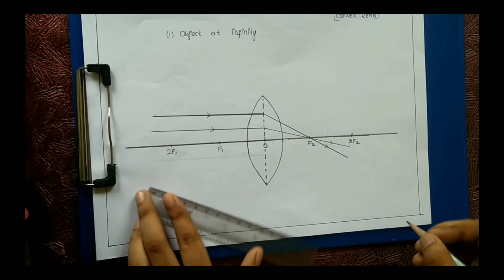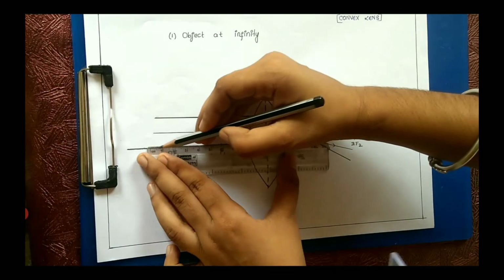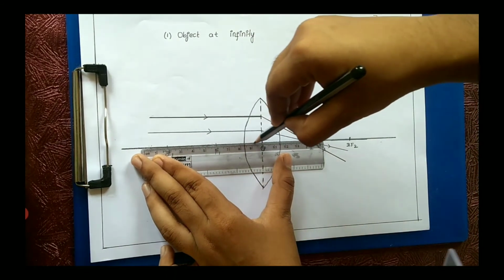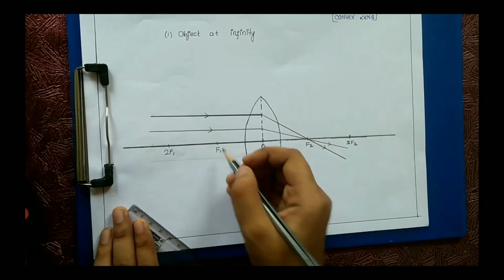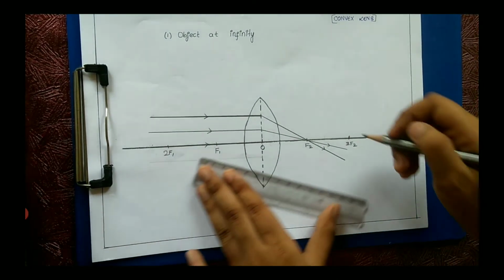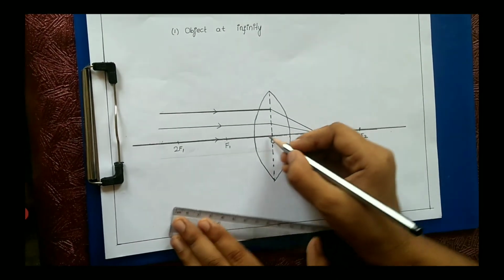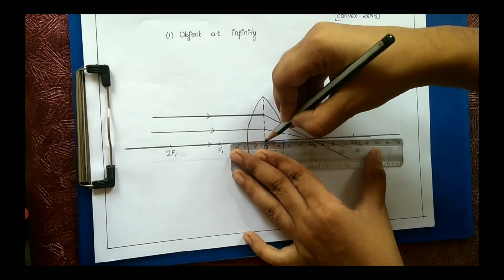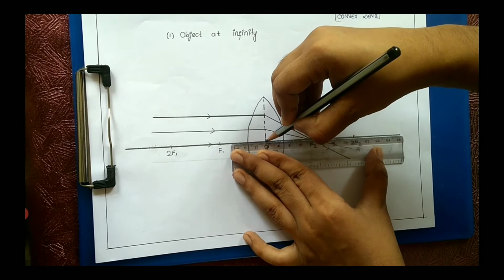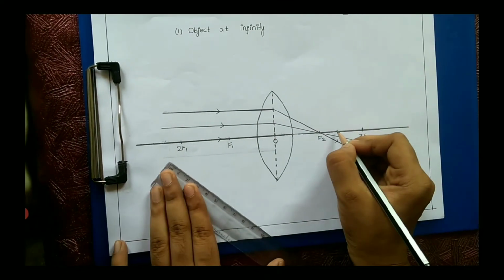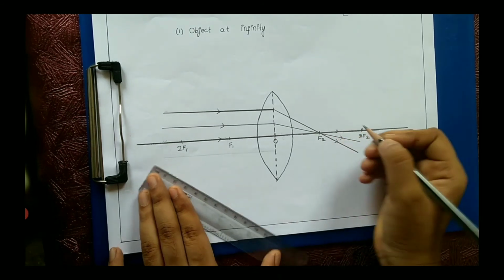Again you can have some more rays. The ray which coincides with the principal axis also passes through the optic center without bending. You know that ray also meets at the point f2, passing through the principal focus.